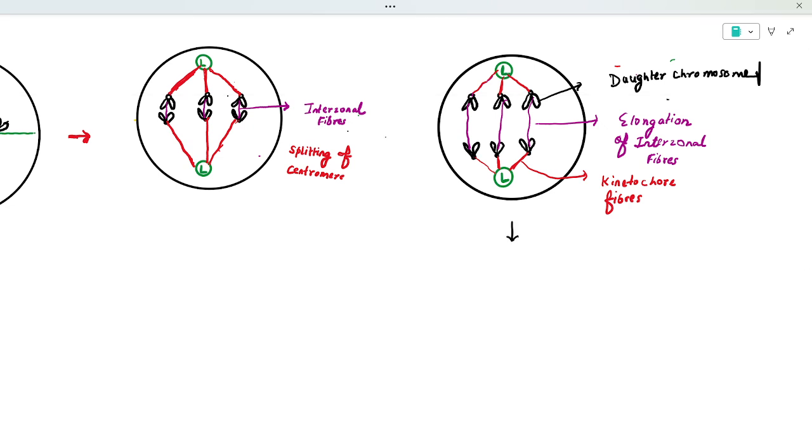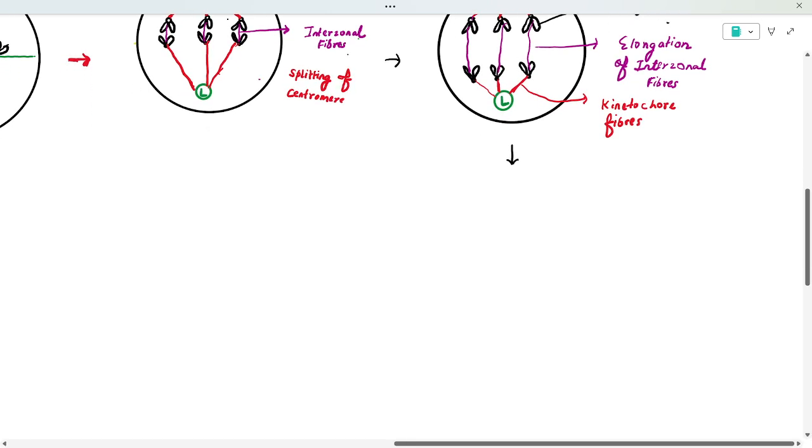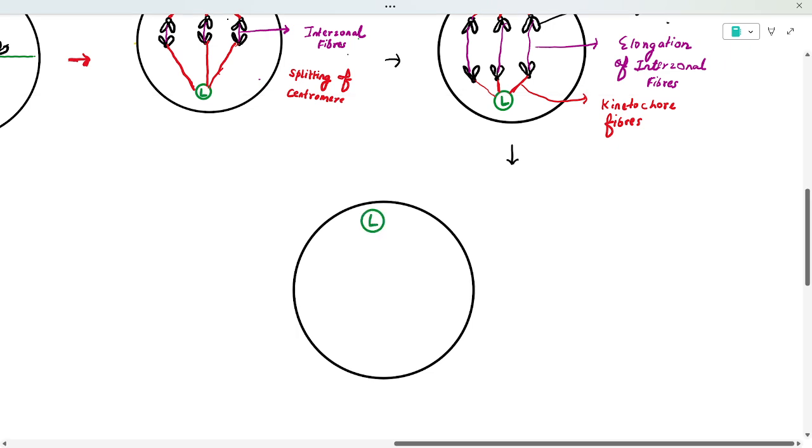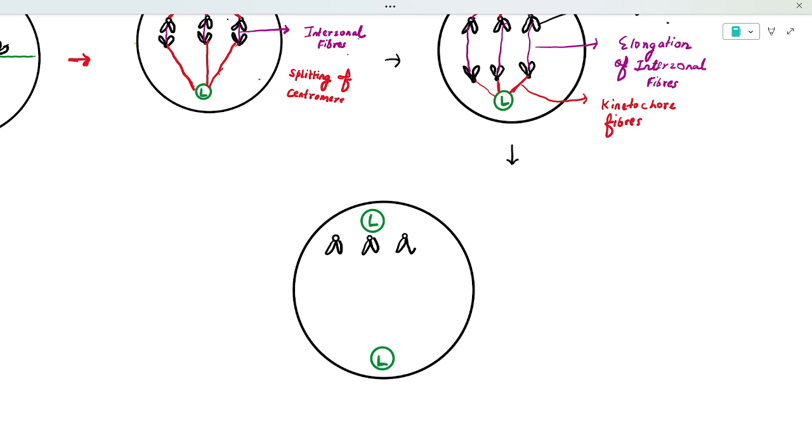One more diagram will finalize all these changes. These daughter chromosomes just reach the poles, and eventually their spindle fibers also start dissolving.